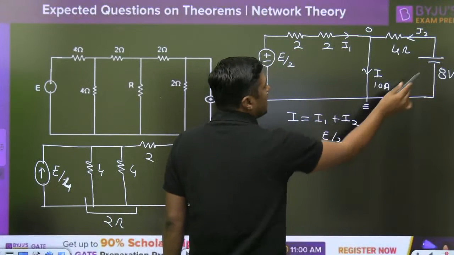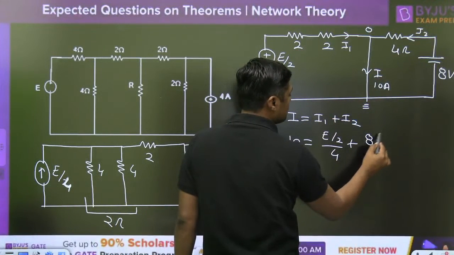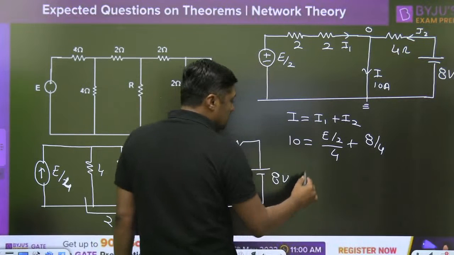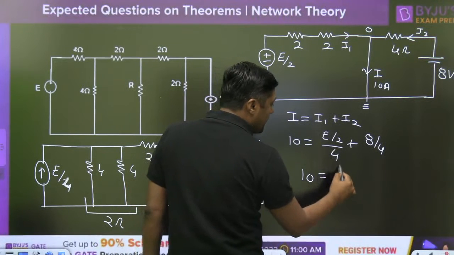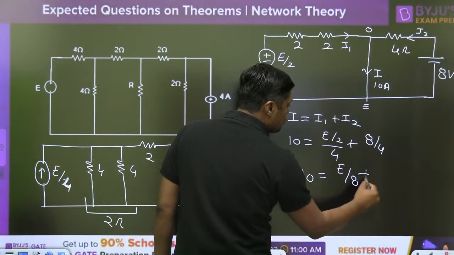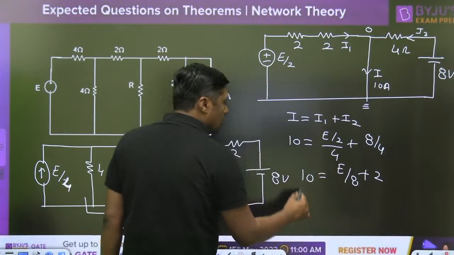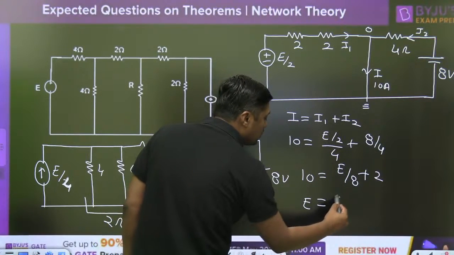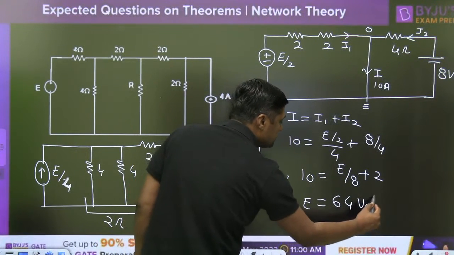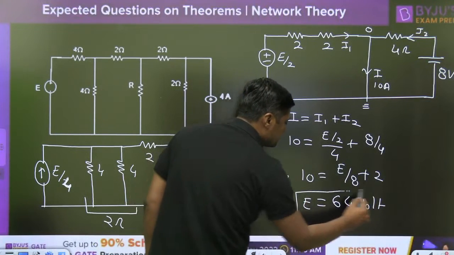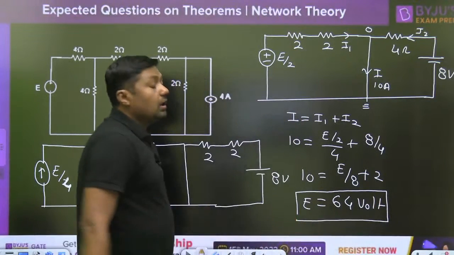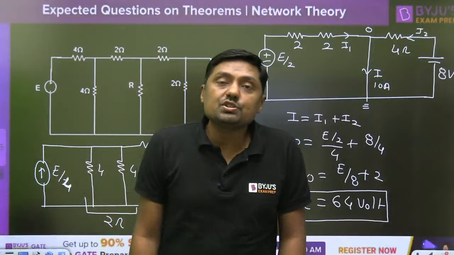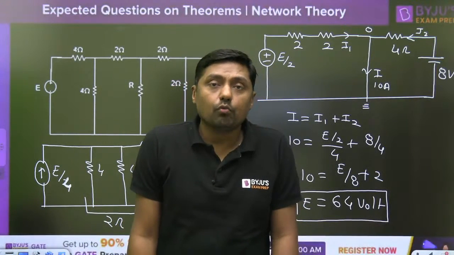Plus, what is the I2? 8 by 4. So 10 is equal to E by 8 plus 2. From this you are going to get E is equal to 64 volt. What is the value of the unknown? E is equal to 64 volt.